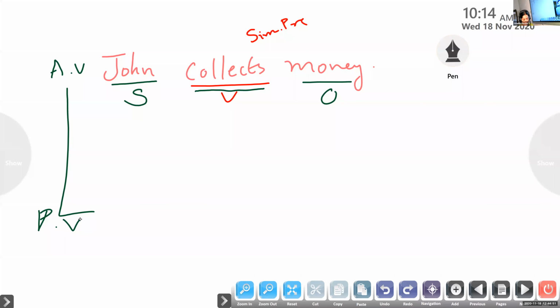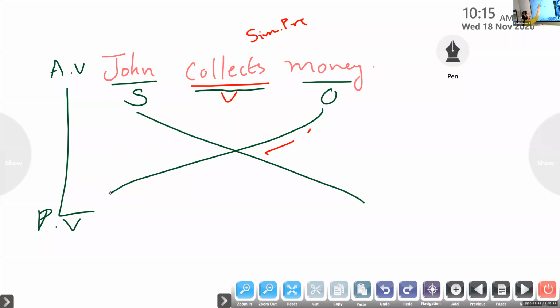See, children, we have 3 points to remember. Point number 1, the object of the active voice becomes the subject of the passive voice and the subject becomes the object. So we should begin our passive voice sentence by interchanging the position of object and subject, isn't it?